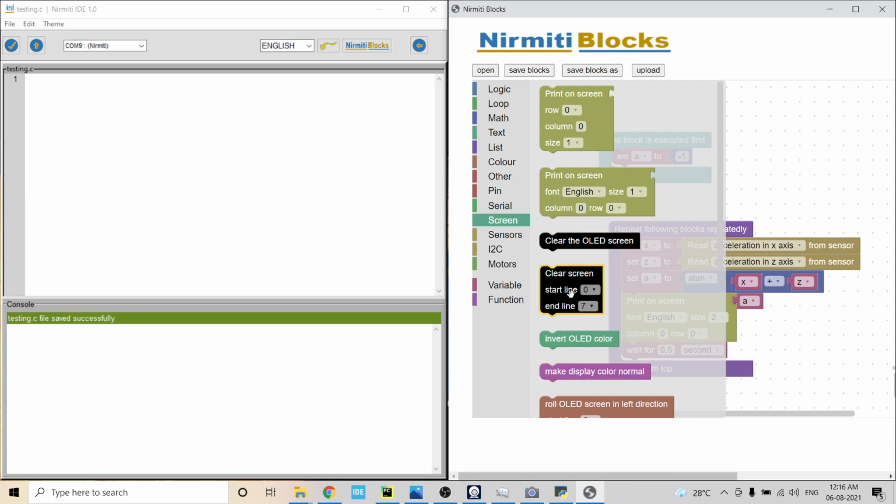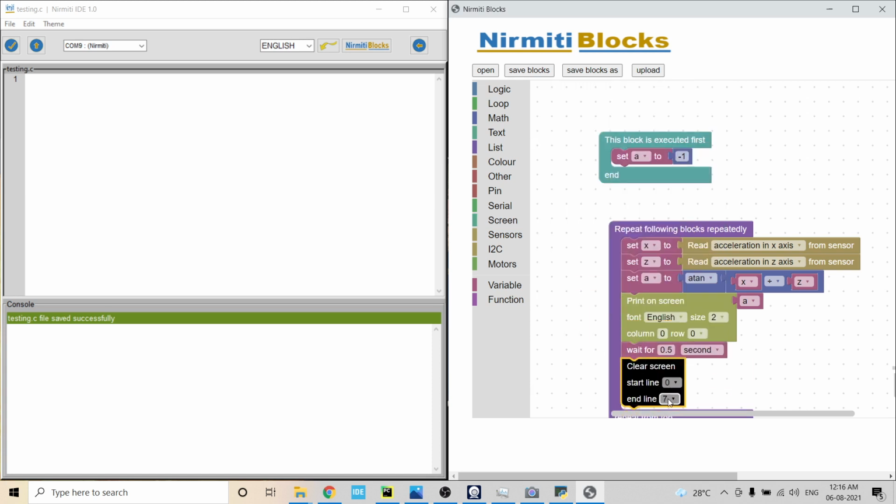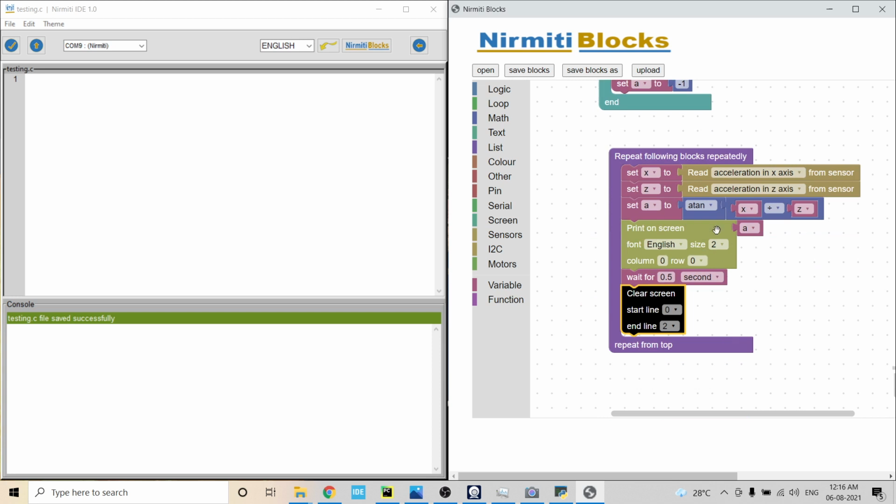The first 4 lines, 0 to 3, will be erased. Now the program is completed.